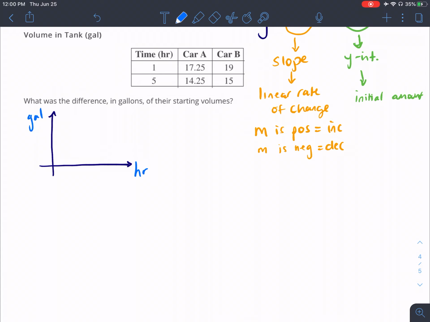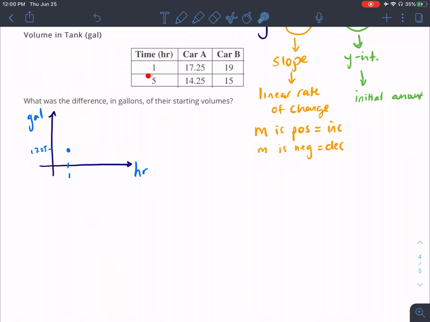And notice that in this table, it's telling me that if I know the hours, so at hour 1, car A had 17.25 gallons. So the way I label this graph is in this manner here. For car A, at hour 1, I had 17.25 gallons. So let's just pretend that's over here, 17.25. So that's going to correspond to this point.